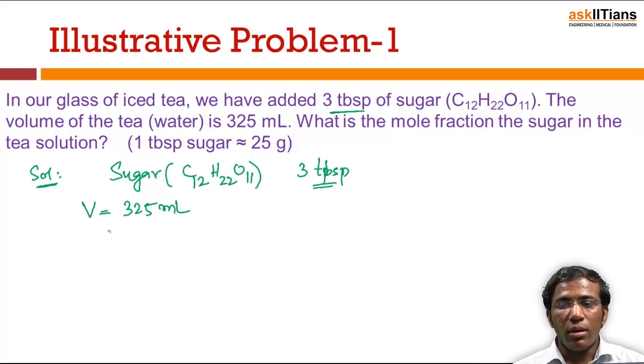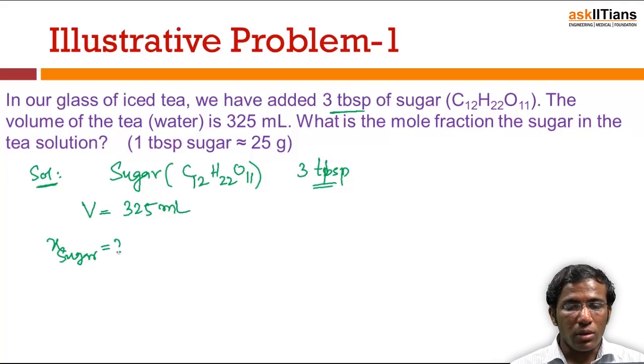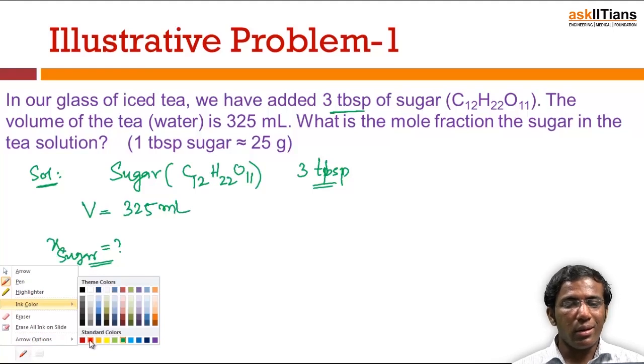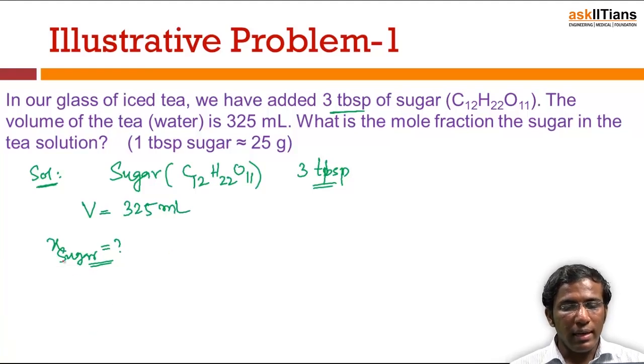So what we want to calculate is the mole fraction of the sugar in the tea solution, that is the mole fraction of the solute. How can you calculate the mole fraction of sugar? You can calculate it if you know the number of moles of sugar divided by the total number of moles in the solution.